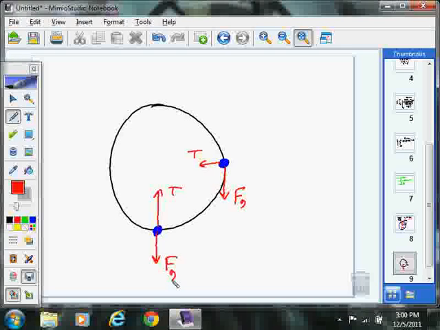The tension force is like a normal force, but a normal force is from underneath pushing up. This doesn't have a force underneath pushing up. This has a stick on top pulling up. So it has the same function as the normal force.